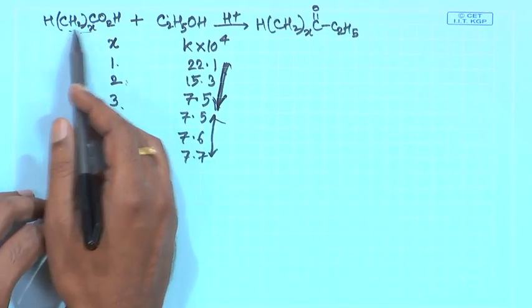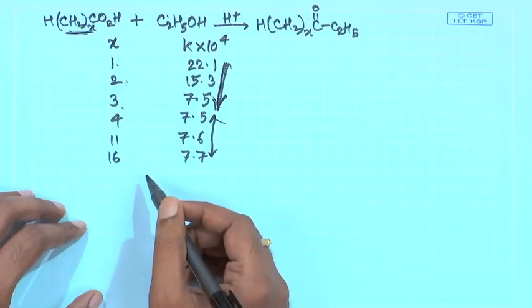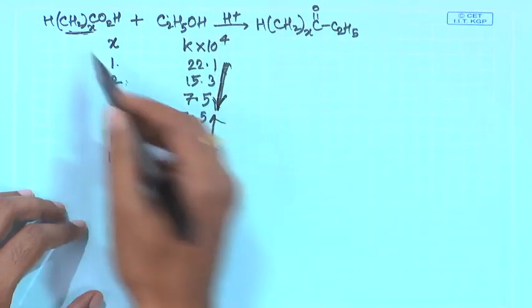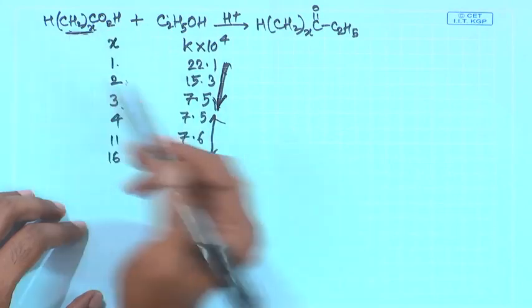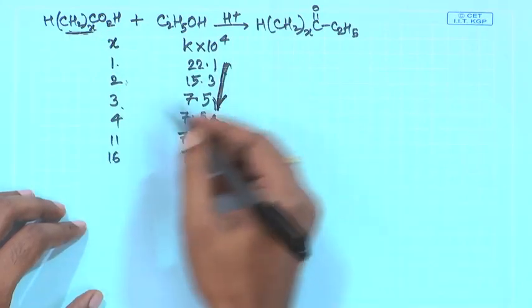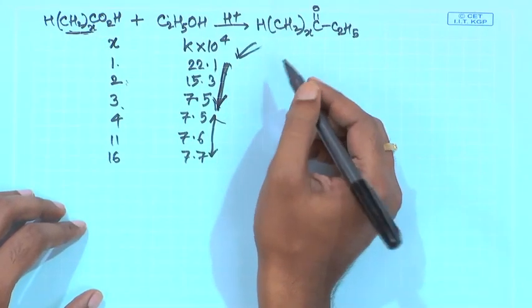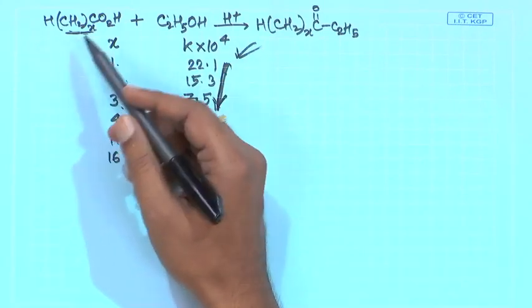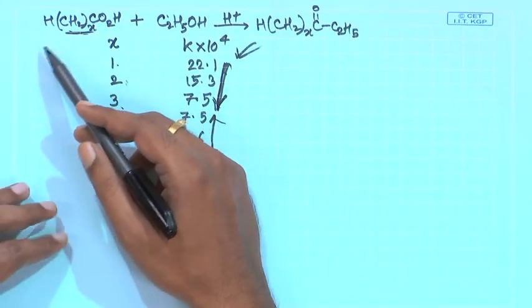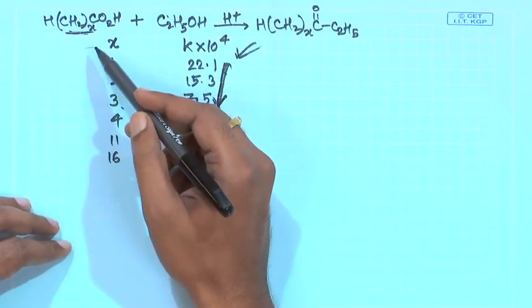So, after a certain size of this group is reached, the rate constant of the reaction is no longer affected significantly by the size of the molecule. So, this is one of the proofs that tells you that basically the functional group reactivity does not change significantly with the size of the molecule.